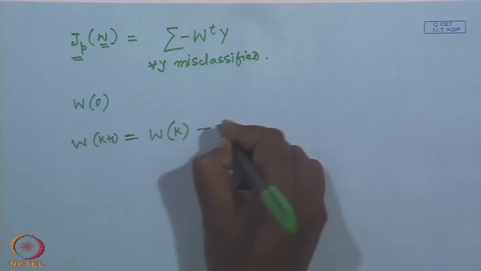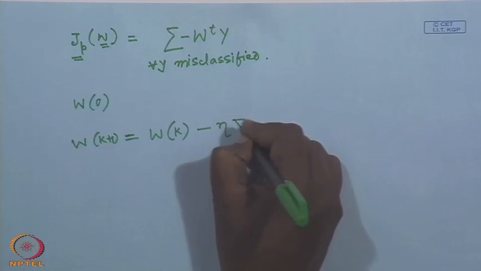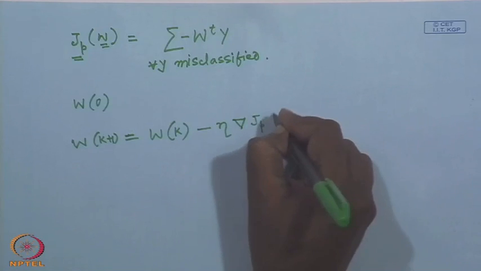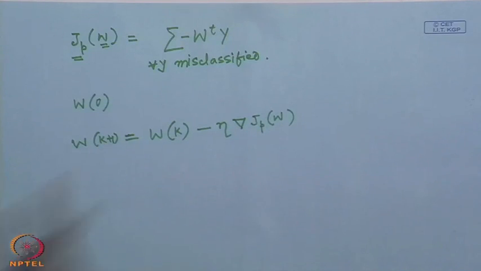So, it will be minus eta times grad of J_p(W), where J_p(W) is given like this.